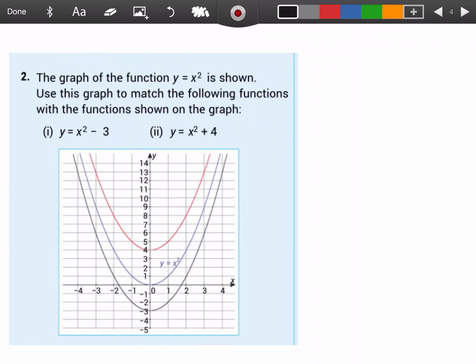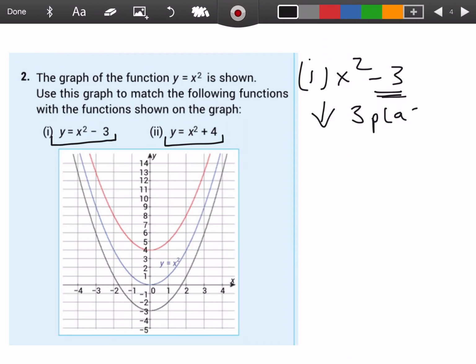So same idea here. We have the blue one again is x squared, and we have to figure out which function, the black one or the red one, is represented by what's there. So the first one is x squared minus 3, and again it's a negative number after the x squared, which means that the function would move downwards 3 places. And again, go back over the first video I posted today if you want to recap that, and you can see it drops 1, 2, 3 places.